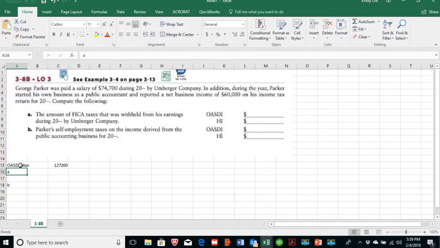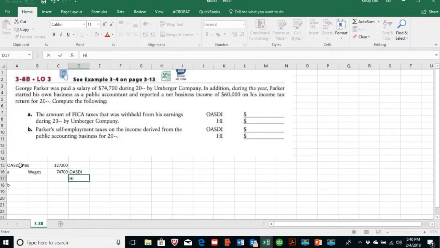When they're withheld from the employer's side, up to $127,200 will be subject to OASDI. So he received a salary of $74,700. So he has wages of $74,700. Because those are less than the $127,200, they will be applicable for OASDI.